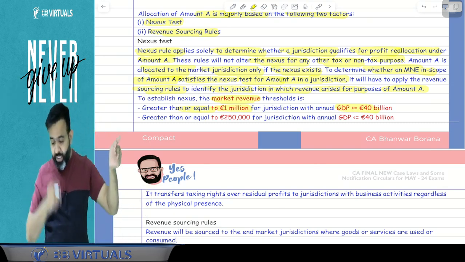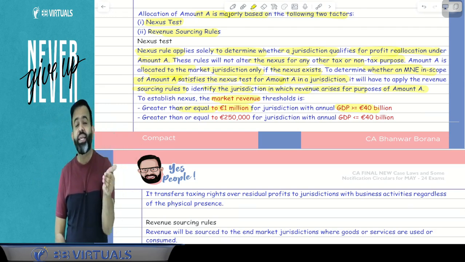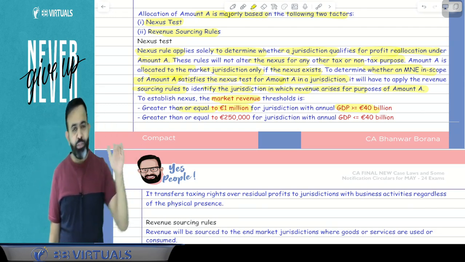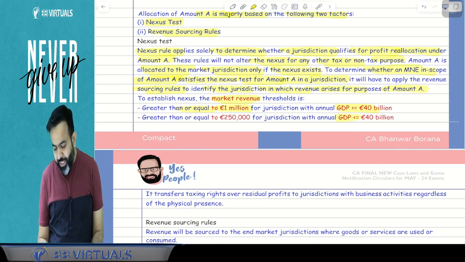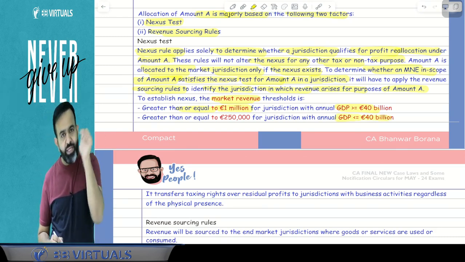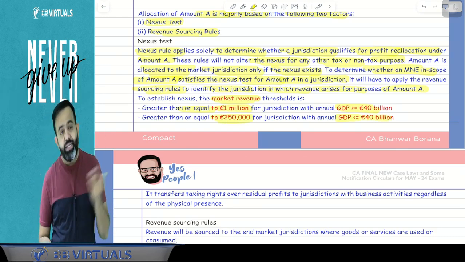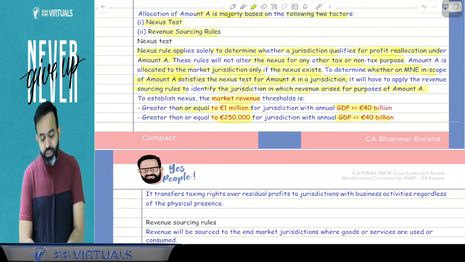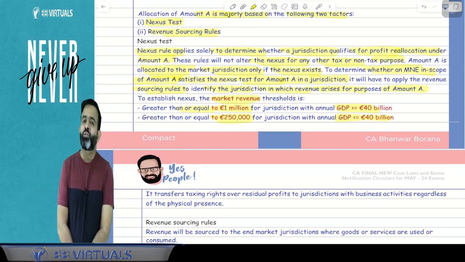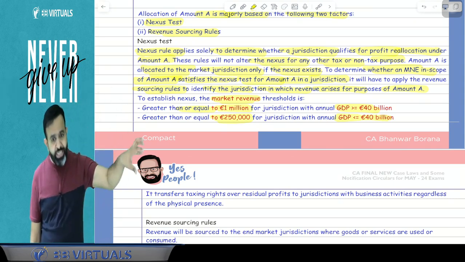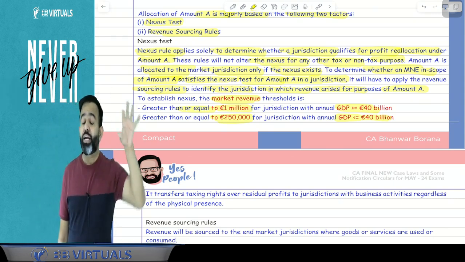And guys, if that country's GDP is equal to or less than 40 billion euros, then from that country they are getting the revenue that is 250,000 euros. Only to those countries they will allocate the tax, allocate the income.